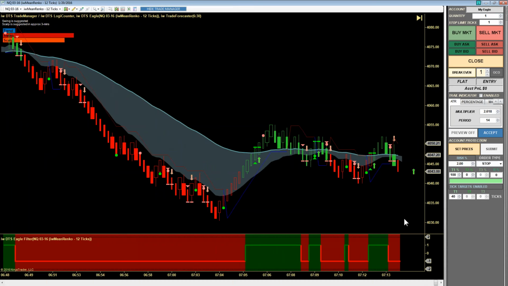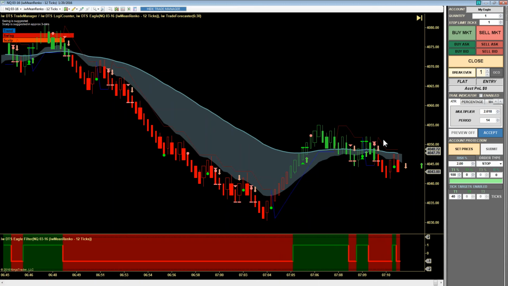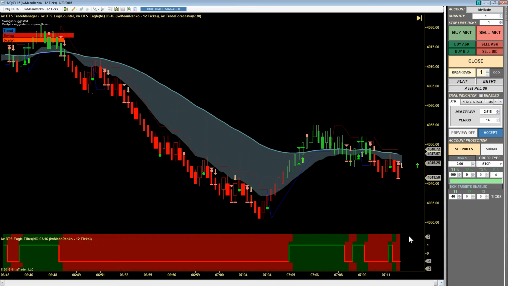Say the market comes in, the cloud narrows a little bit, gets wider, and all of a sudden we're producing a sell signal. But you're not sure. Maybe that's just a retest of the low and the market's going to head higher from here. If you're not sure, you may choose to wait for a second push entry.